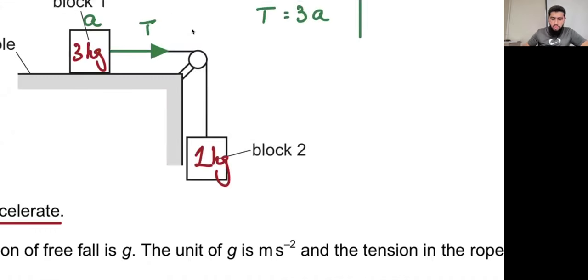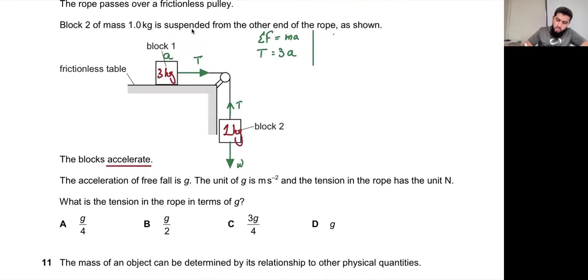Now let's look at block 2. Block 2 experiences the tension upwards, and block 2 experiences its force, a weight, downwards. So for block 2, using the same formula, net force is equal to mass times acceleration.